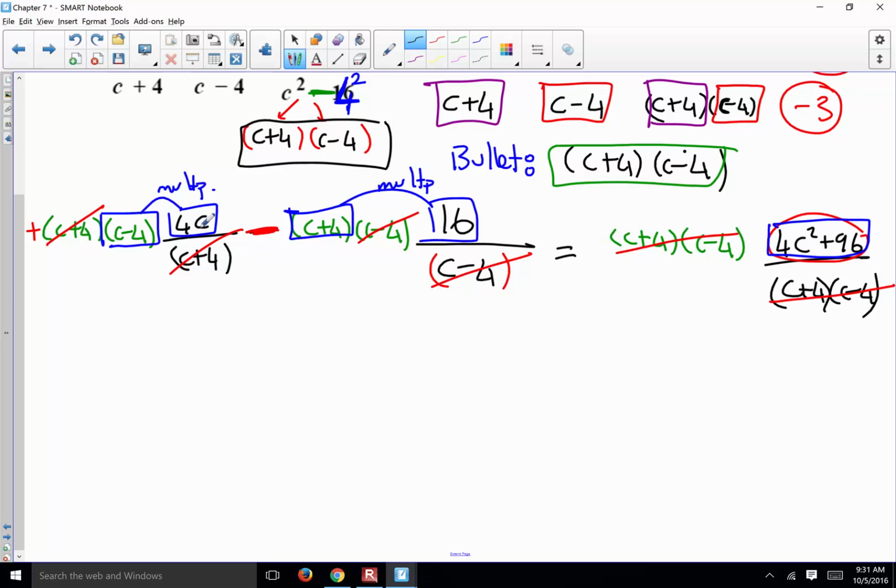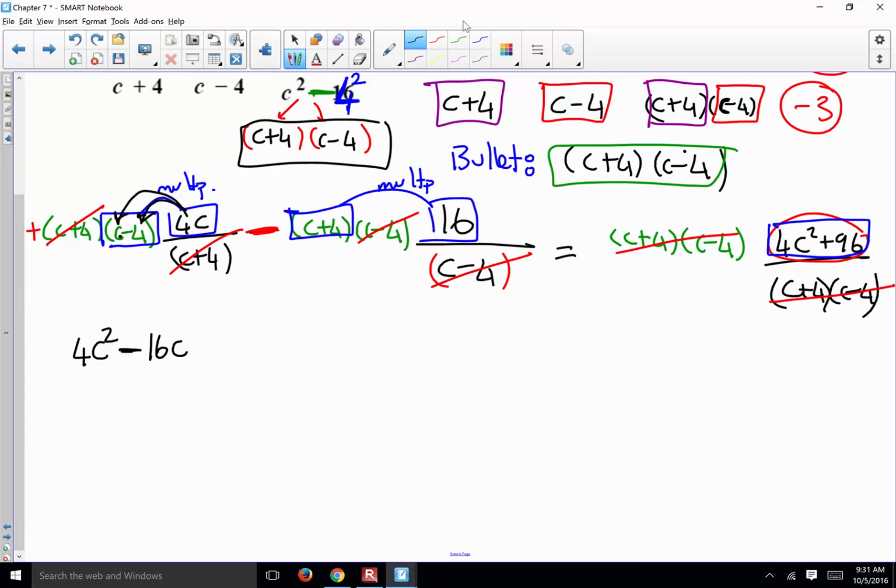Let's multiply 4c with c minus 4. 4c times c minus 4 is, yes, you distribute this to first and second, always distribution. So it's 4c times c is 4c double c, c squared. And 4 times 4c is 16c, but that's minus, so it's minus 16c.